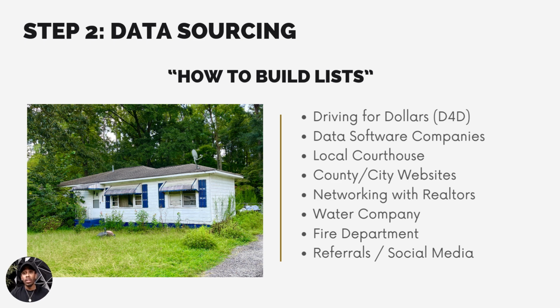Networking with realtors, reaching out to realtors to see if they have off market or pocket listings that you can submit offers on prior to them going on the market. The water company, going to the water company and seeing if you can get a list of those properties who are delinquent on the water bill, or the water is not even turned on, right? The fire department to get those fire damaged properties as well.